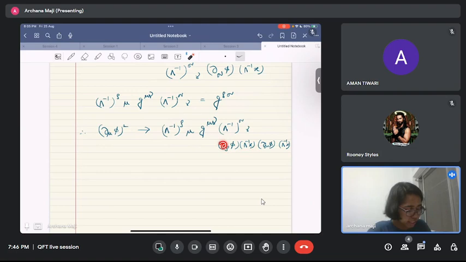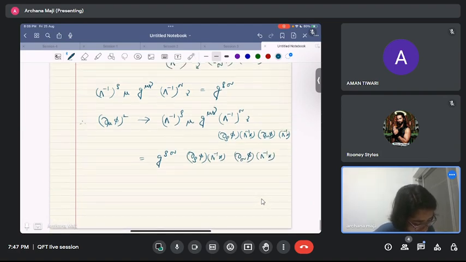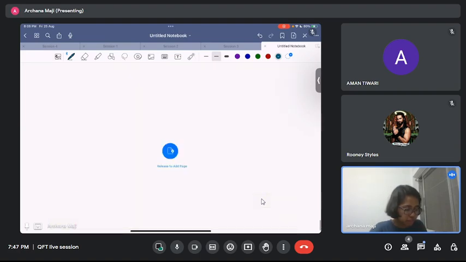That's why we are writing the entire thing labeled by lambda inverse x. So don't get confused. So this is equal to g rho sigma del rho phi del sigma phi, which is basically del rho phi whole square, the argument being lambda inverse x.